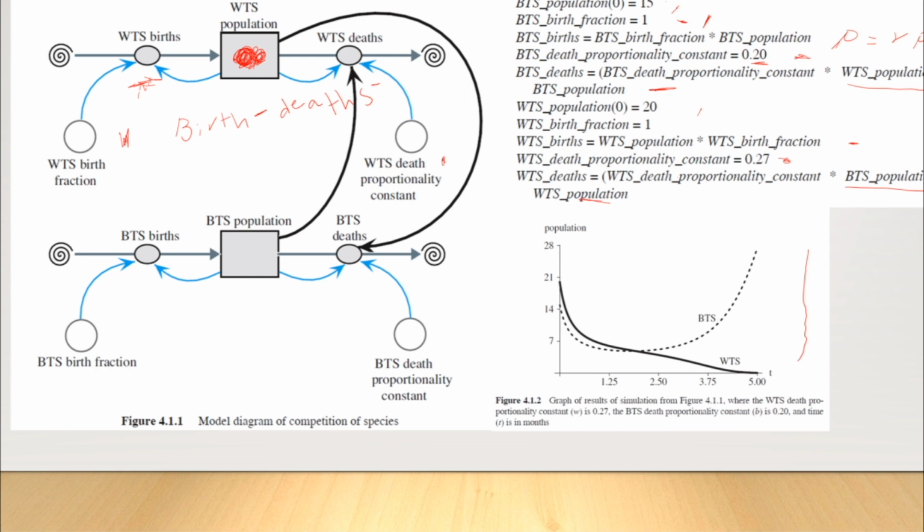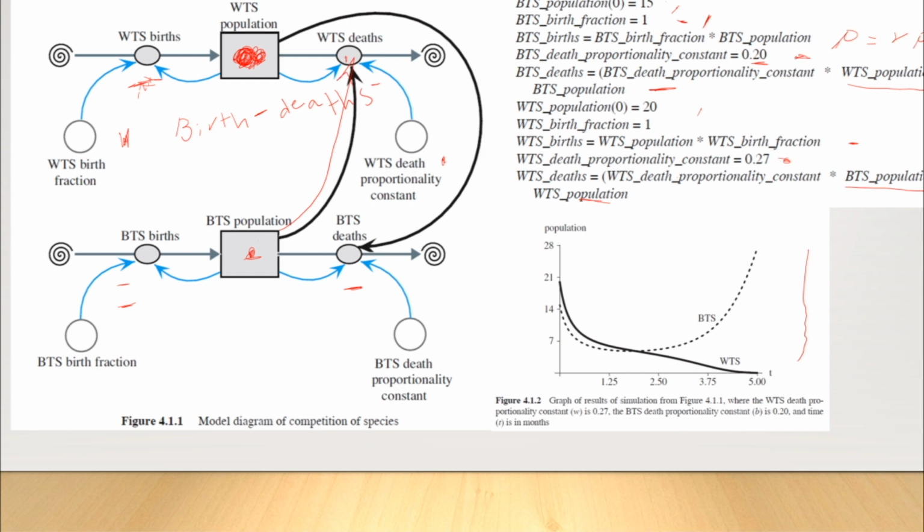And you can draw the same thing for the other side, which is the BTS. This is the births and this is the deaths, and the difference of those two will be filling up here, right? The other factor here is that the deaths of WTS matter depending on the population of the BTS. So there's an arrow going from here to here.